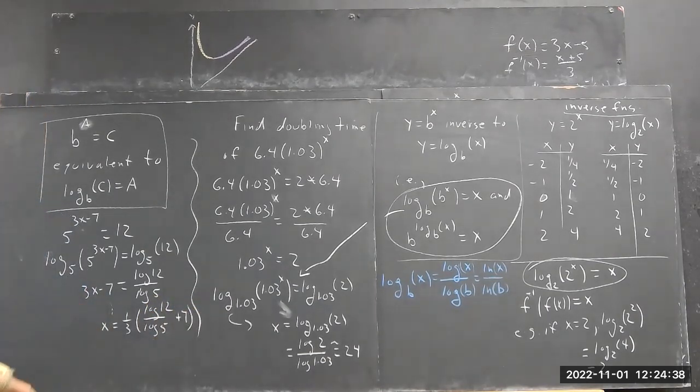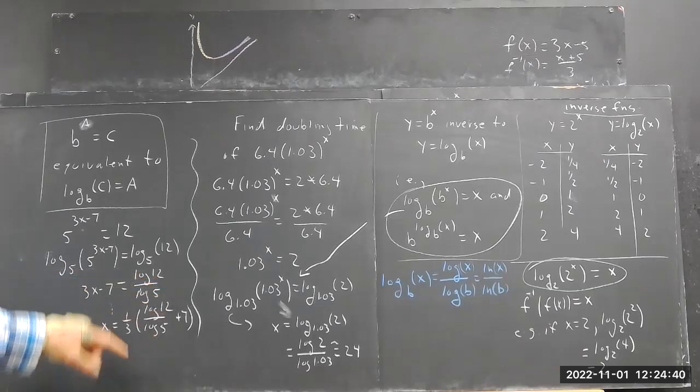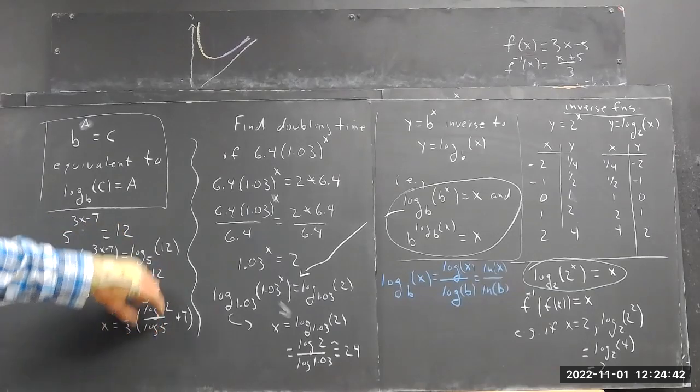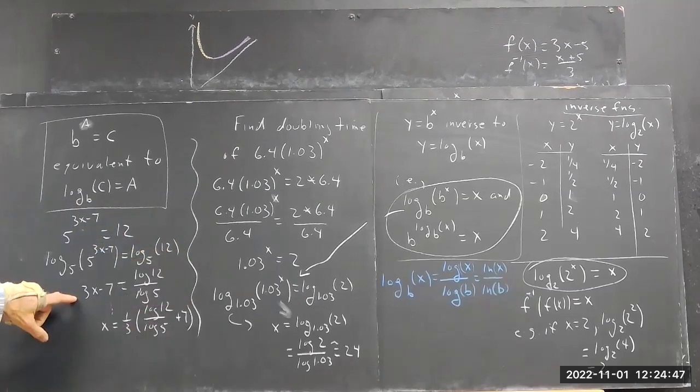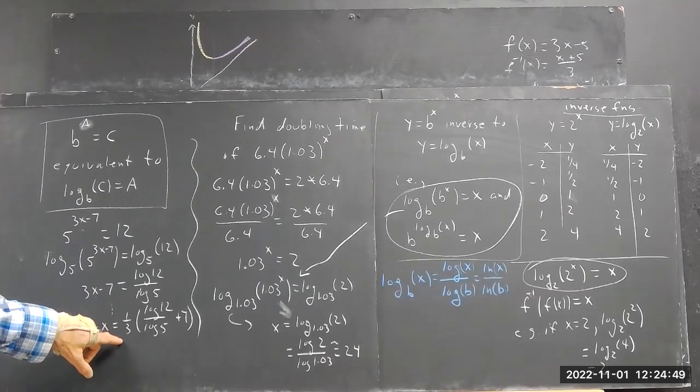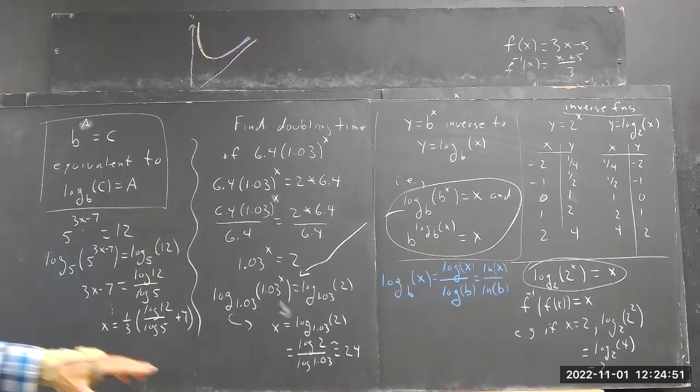With a little manipulation, you add 7 to both sides, so you get log 12 over log 5 plus 7, and then divide both sides by 3 to give you the 1/3. You just punch this into your calculator and you've got your solution for x.